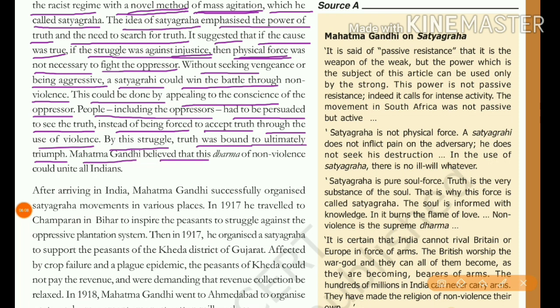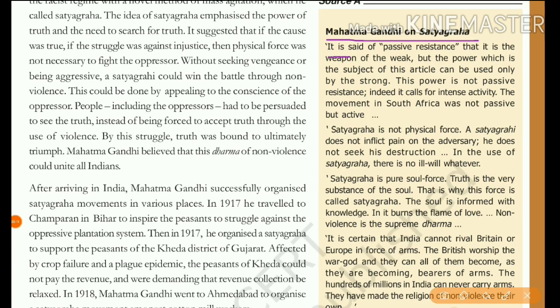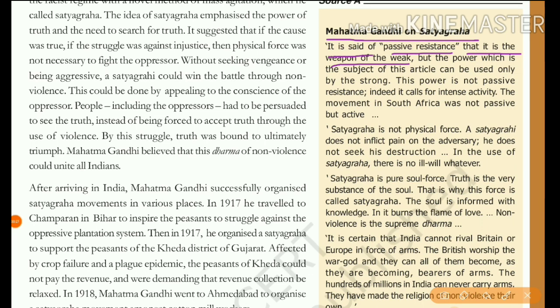Mahatma Gandhi believed that this dharma of non-violence could unite all Indians. Here in this book they have given the definition of the satyagraha of Mahatma Gandhi. Mahatma Gandhi on satyagraha: It is said of passive resistance that it is the weapon of the weak. So some persons say it is passive resistance, it is a weak thing.